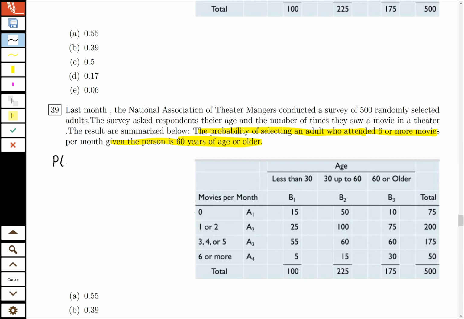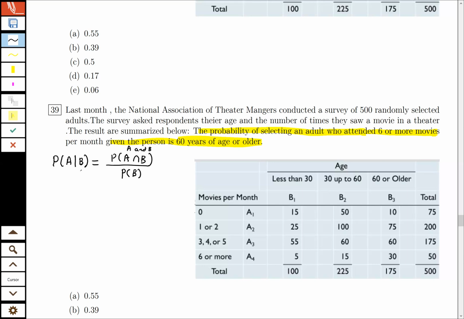Probability of A given B is equal to the probability of A intersection B, which means A and B, divided by the probability of B.